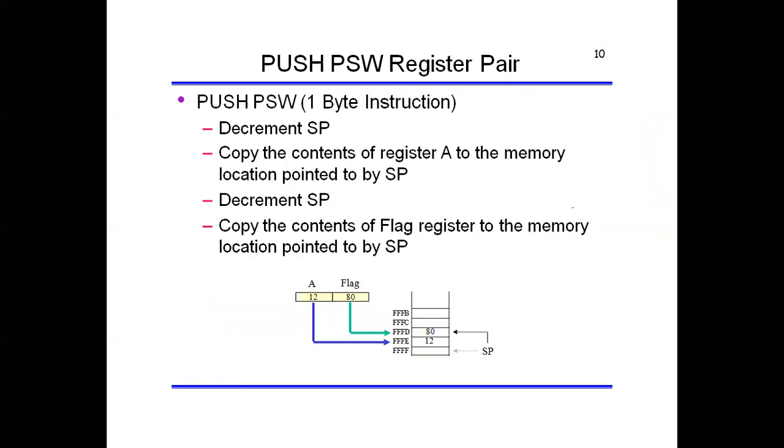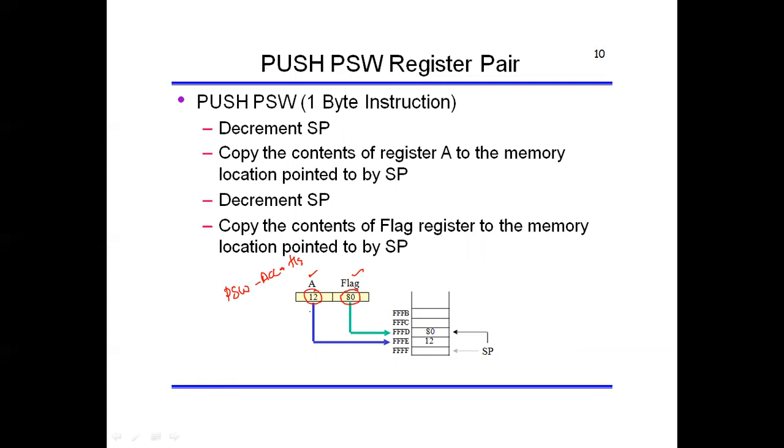So here see the contents. It is a combination of accumulator plus flags. Here A indicates the accumulator and F is the flag. So the accumulator consists of data 12 and the flag has 80.